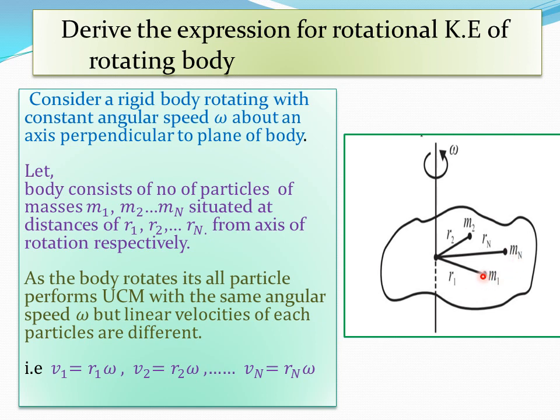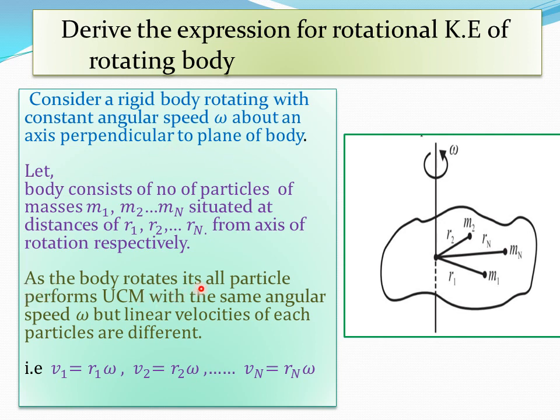This is the first particle of mass m1, this is the second particle of mass m2, this is the third particle of mass m of n. The first particle is at distance r1 from the axis of rotation, the m2 particle is at a distance r2, and the last particle m of n is at a distance r of n.